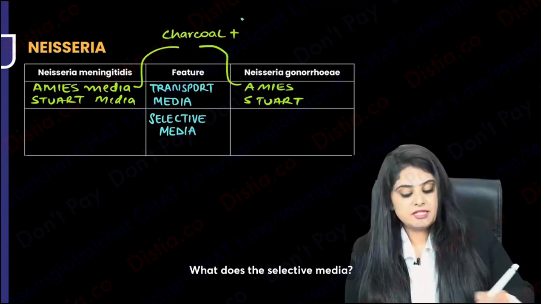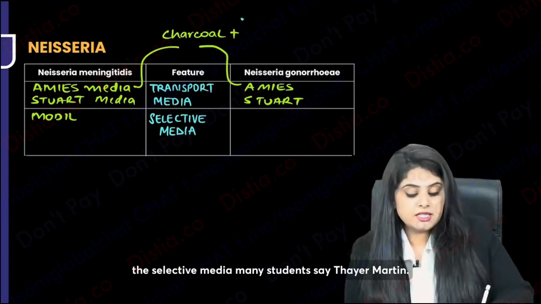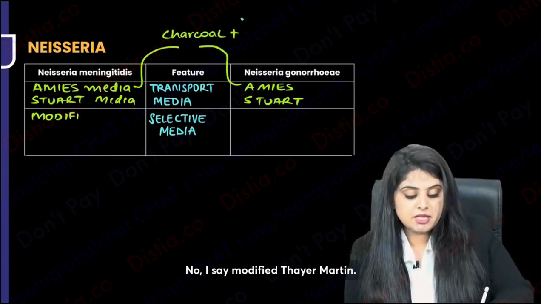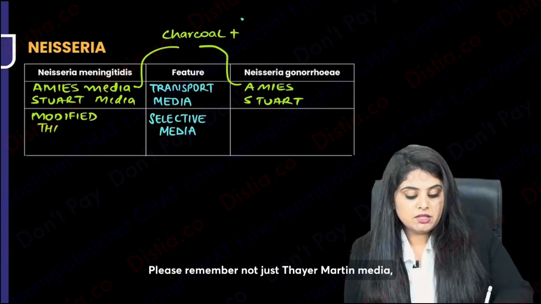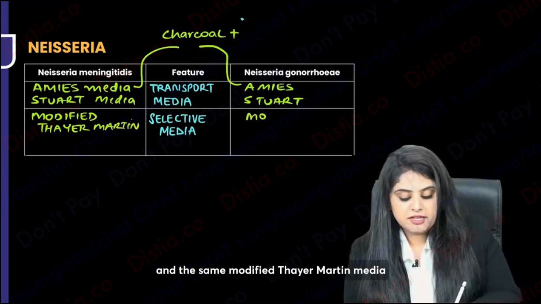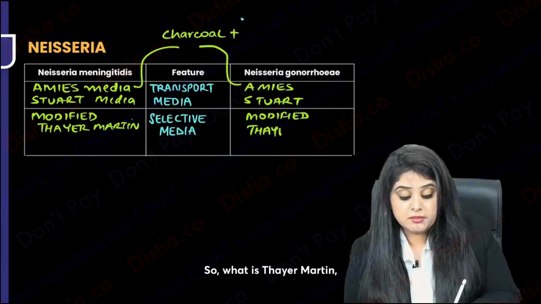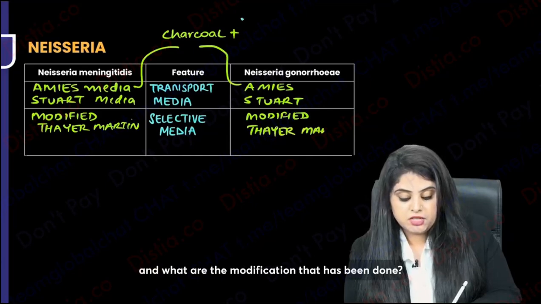What is the selective media? Again, for both of them, the selective media, many students say Thayer-Martin. No, I say modified Thayer-Martin. Please remember, not just Thayer-Martin media, it is the modified Thayer-Martin media that you have for meningitis, and the same modified Thayer-Martin media that you have for gonorrhea also. So what is Thayer-Martin and what is the modification that has been done?